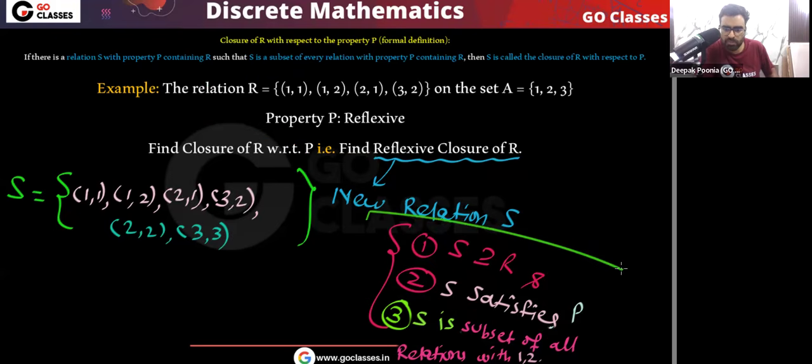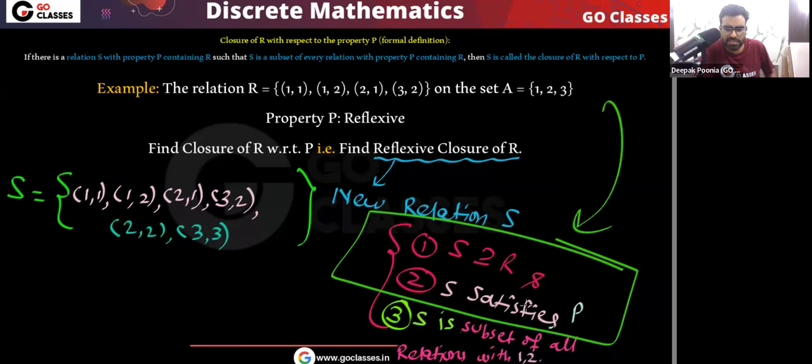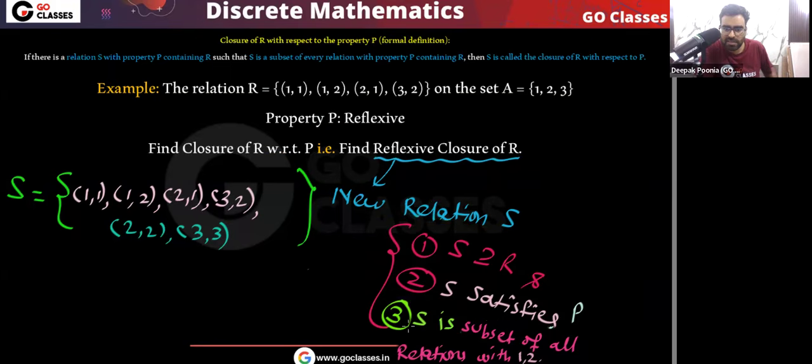Yes, because if I make a reflexive relation which is a superset of R, then that must contain 2 2 and 3 3. Something extra can be there, but the point is it will definitely be a superset of S. This is what I am saying: S must be a subset of all the relations which have property 1 comma 2.